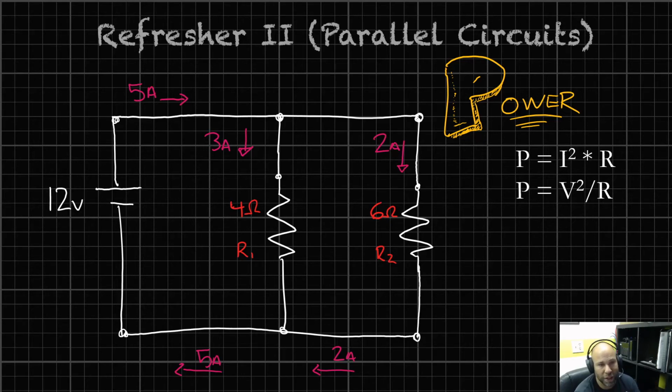The first one is power, which is measured in wattage, is equal to current squared times resistance. The second one that we can use is voltage squared divided by resistance is equal to power. Spoiler alert, I'm going to give you the answer to keep this video short.